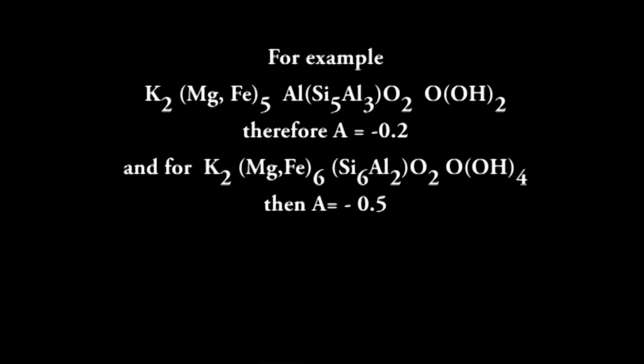For example, for K2O Mg Fe5 Al Si5 Al3 O20 OH2, A equal to minus 0.2, and for K2O MgFe6 Si6 Al2 O20 OH4, then A equal to minus 0.5.